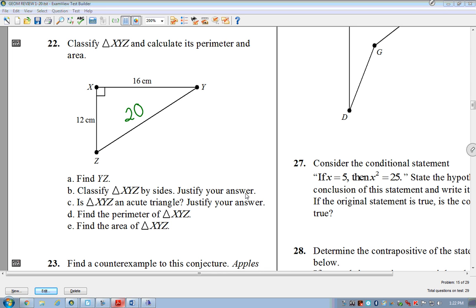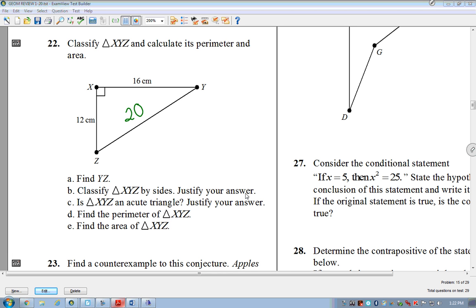Okay, classify triangle XYZ by its sides. What 3 words do we use to classify a triangle by its sides? Isosceles, equilateral, scalene. All right, what is this? Isosceles, somebody said. What is the definition of isosceles, Jarrett? So you picked one of the 3.